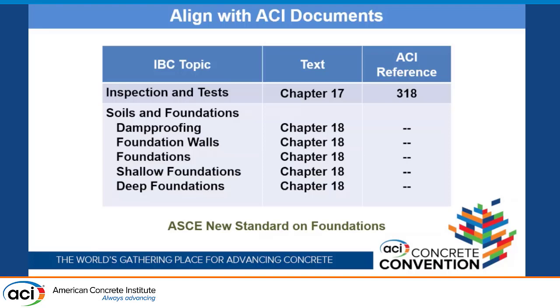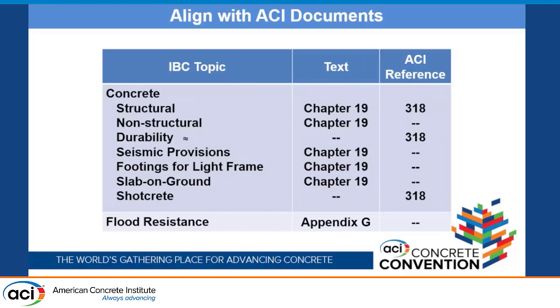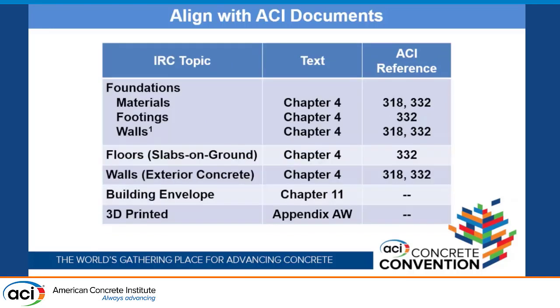So ASCE has done so in that case. The same thing with 3D printed buildings. We don't have a standard yet. We have a committee, but we don't have a standard yet, so UL has proposed a standard to be referenced into the building code. So again, these are just the topics and where they fall.